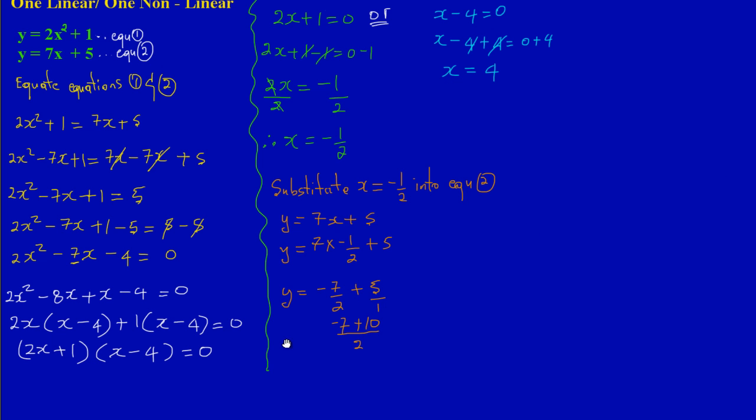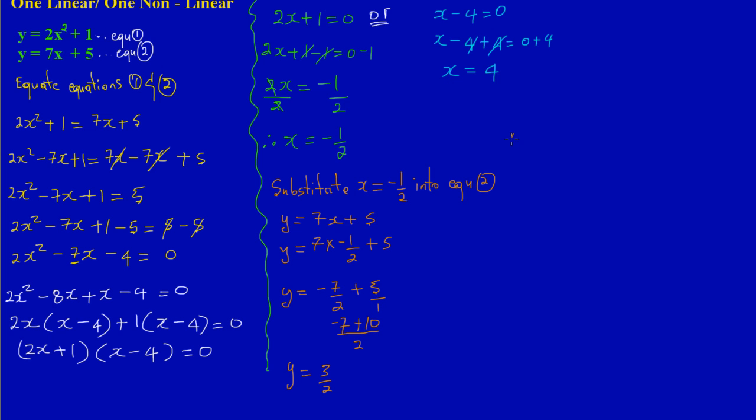And 10 minus 7, this implies then that y is equal to 3 over 2. Now I have found my corresponding y value when x is equal to negative a half.